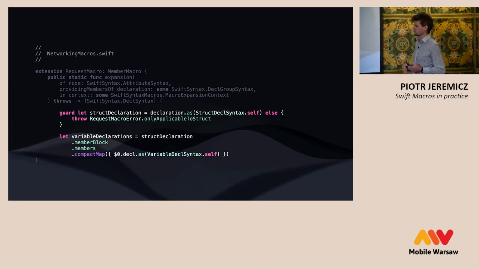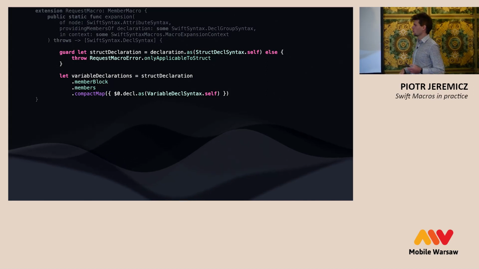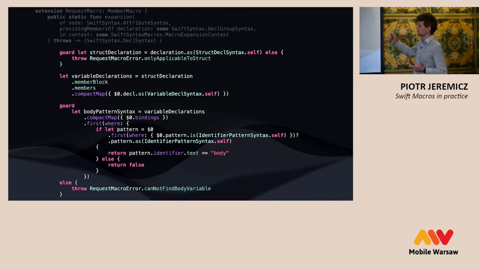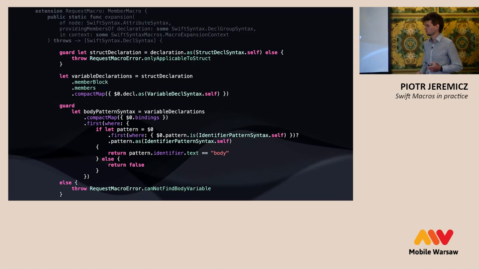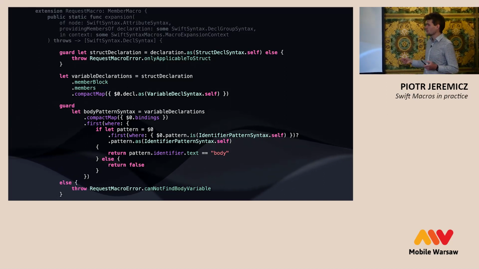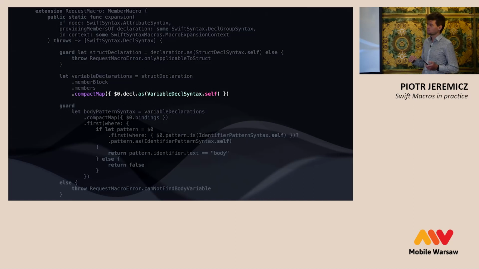in the structure implementation. So we are going deeper, like in mines. Hopefully we will not find the barrel log. So this is another part of the code that helps us to find the body that has, of course, the identifier text, that is body. And we are going back again to see how we are using these as and is methods.